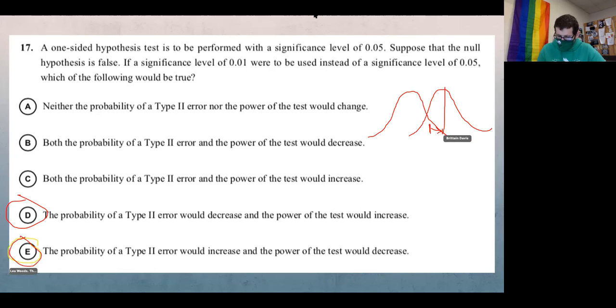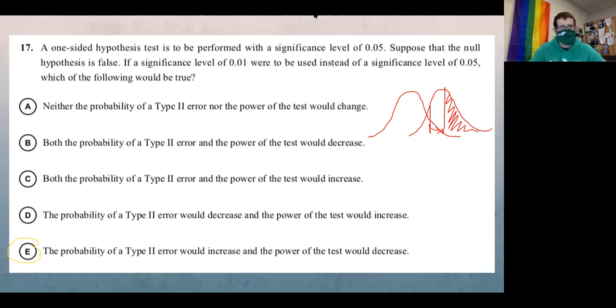And what I just did is I increased the type 2 probability from there to there. And then conversely, I decreased the power from here to here.